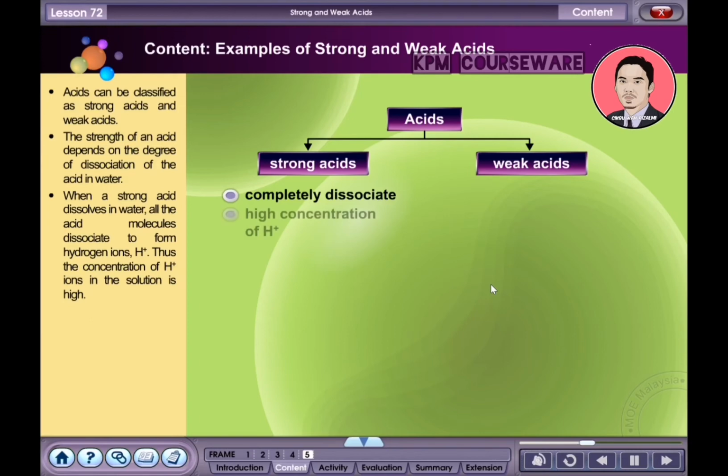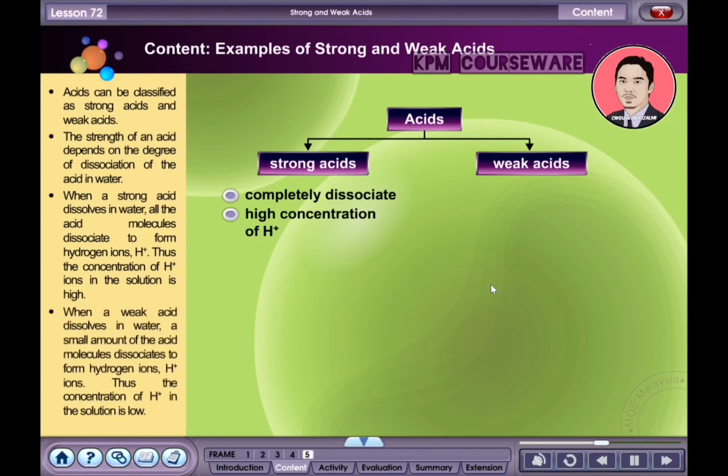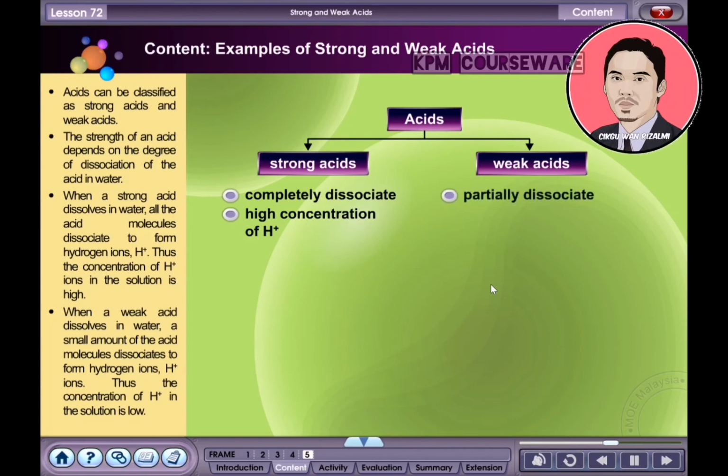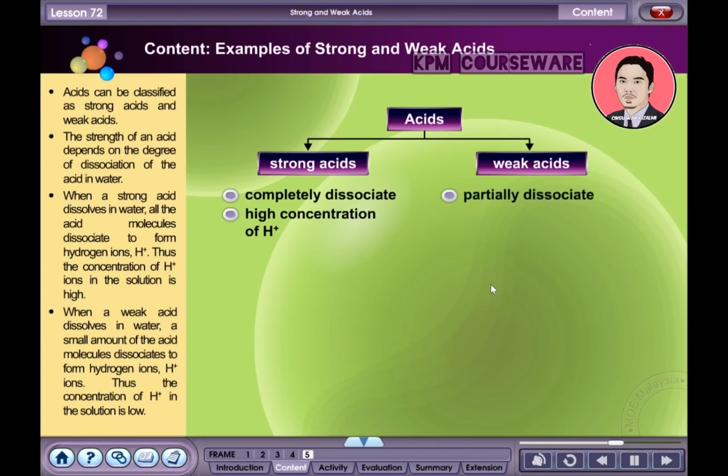Thus, the concentration of hydrogen ions in the solution is high. When a weak acid dissolves in water, only a small amount of the acid molecules dissociate to form hydrogen ions. Thus, the concentration of hydrogen ions in the solution is low.